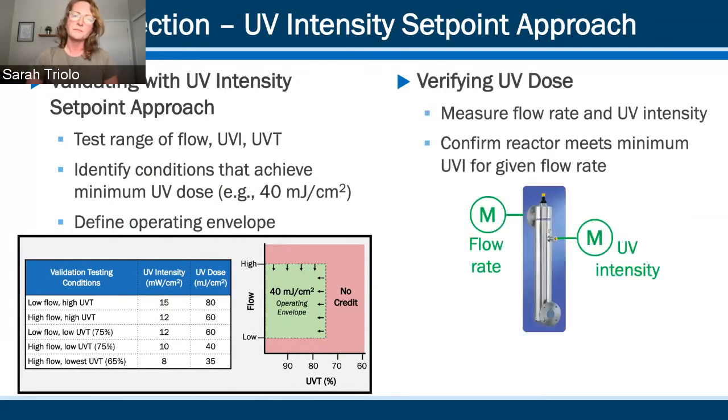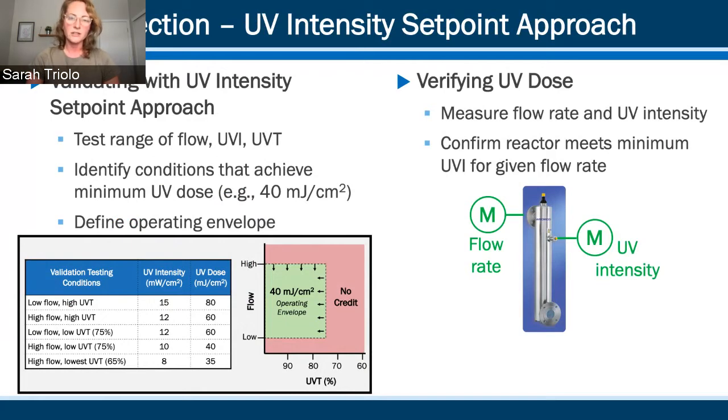And then again, it comes back to the question of how do we verify that we're achieving that UV dose on an ongoing basis? The key is measuring the flow rate and the UV intensity. So you have to maintain your flow rate below the maximum rate. That's easy.